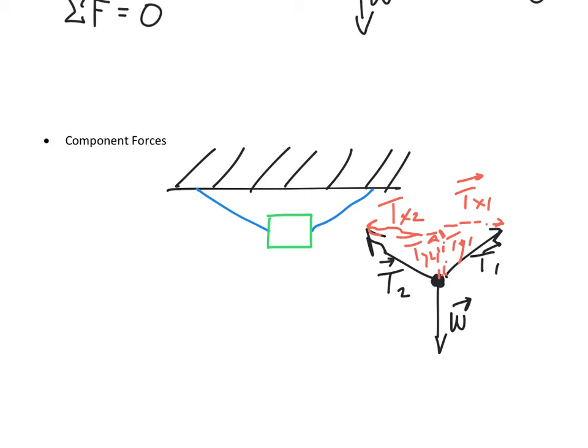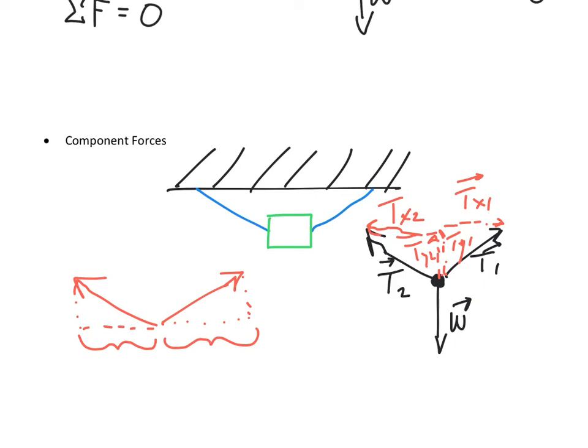What we find out here is that the two forces, we can draw it like this too, with the component forces here. This X force plus this X force have to equal 0.